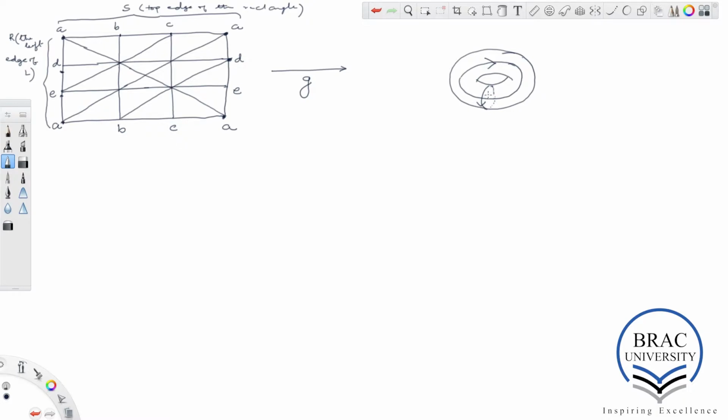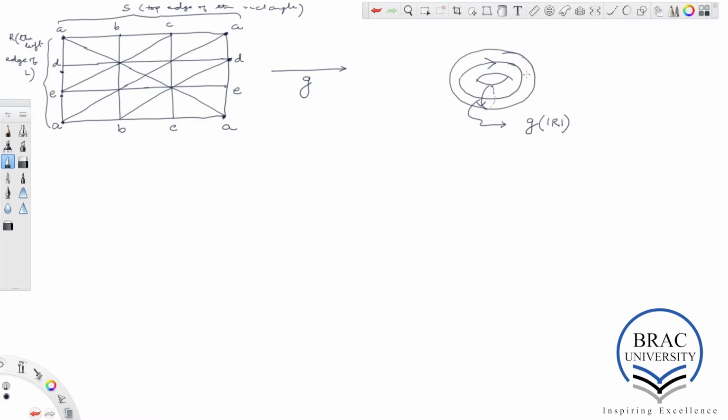This circle is G of mod R, where mod R is the underlying space of the left edge of the complex L. After we apply the pasting map, we have this circle.